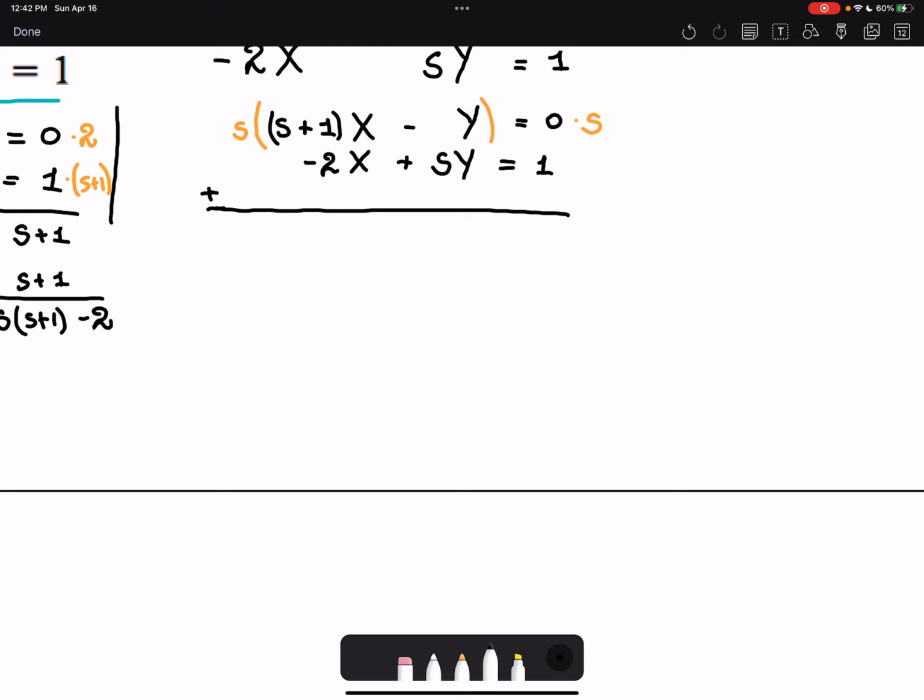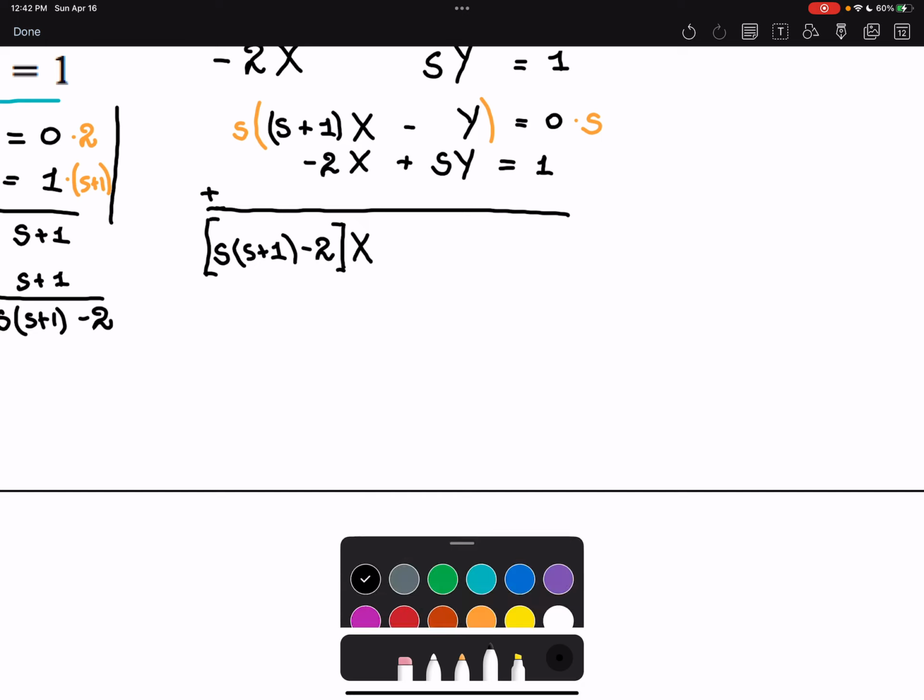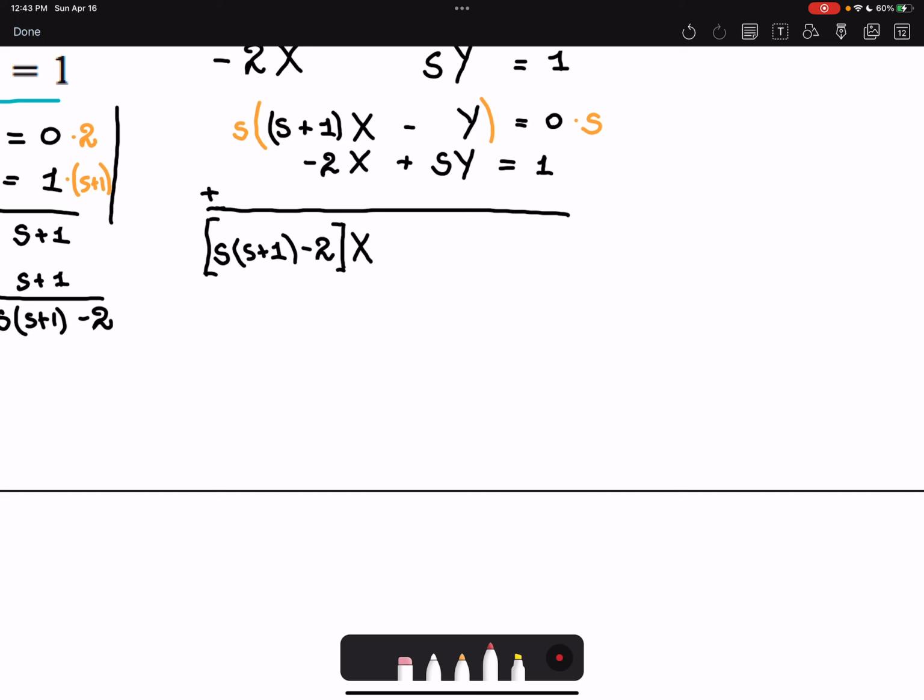Well, here we're going to get s times s plus 1 minus 2, all of that multiplied by the big X. Here, this is going to cancel out right here. And all of that is going to be equal to 1.